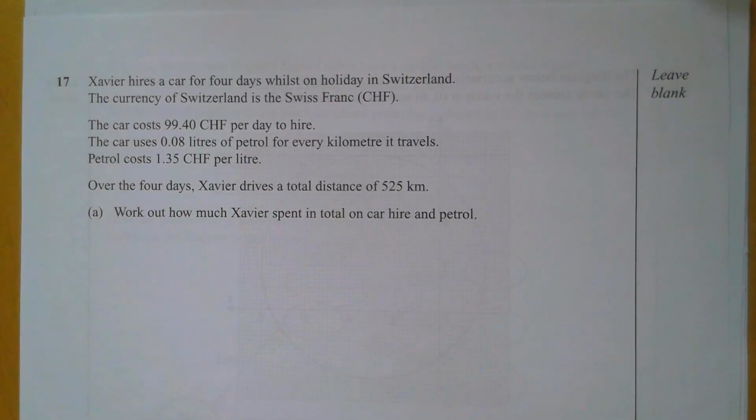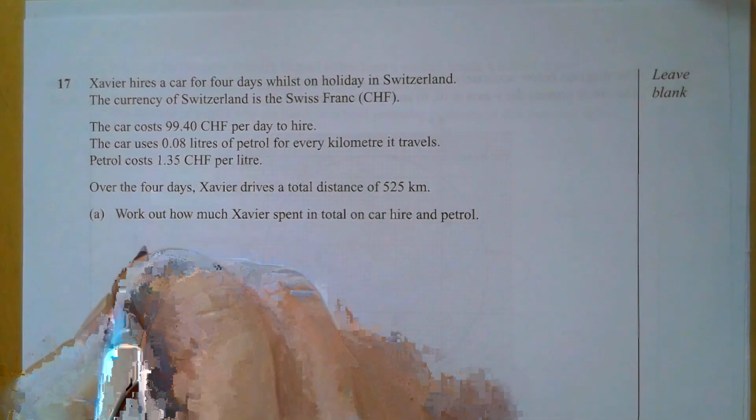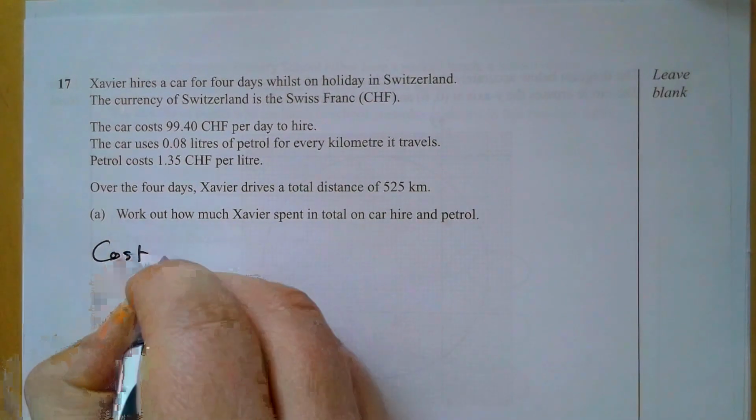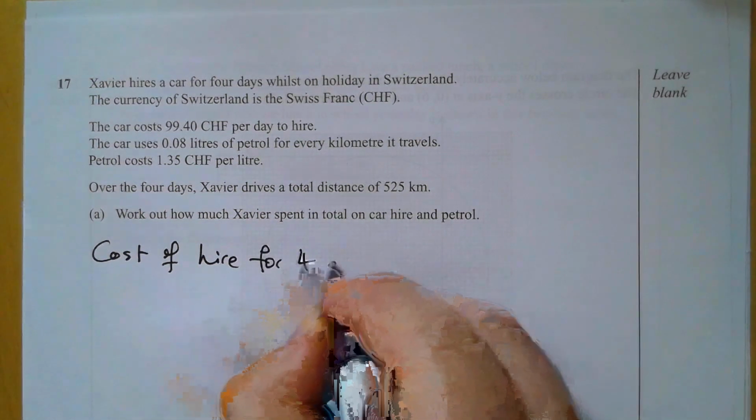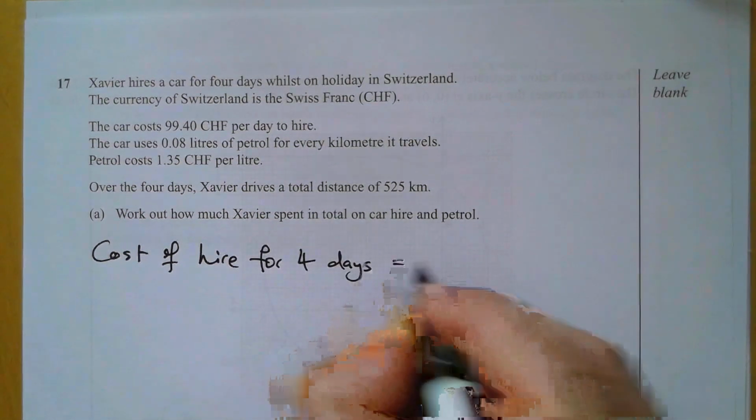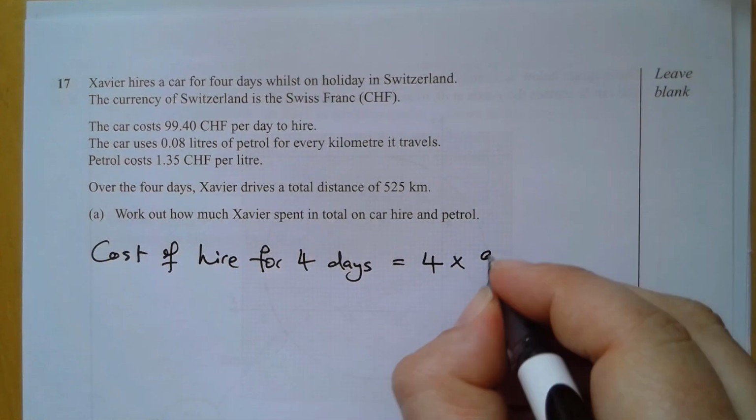So what are we doing here? Well, we're hiring a car for 4 days. So what's the cost of just the car hire? Four days and the daily hire charge.